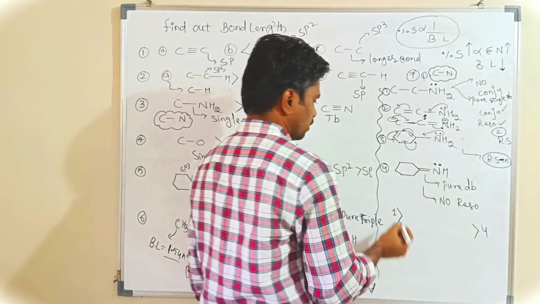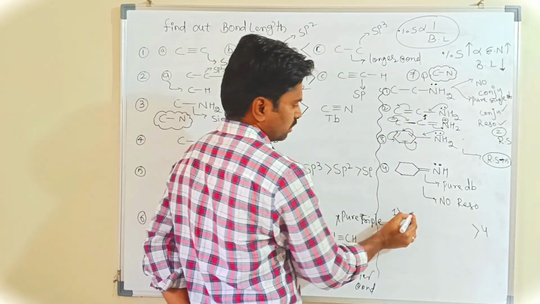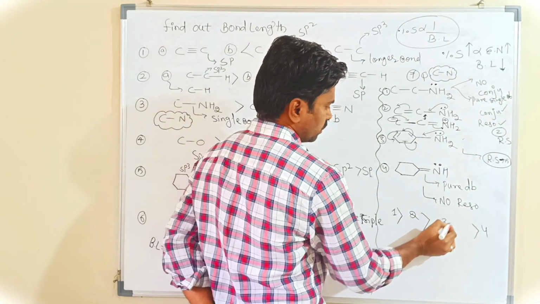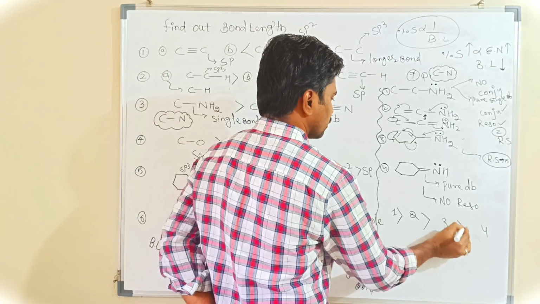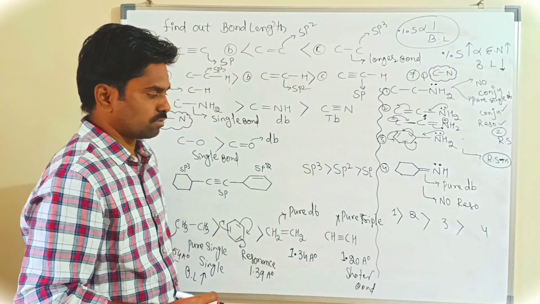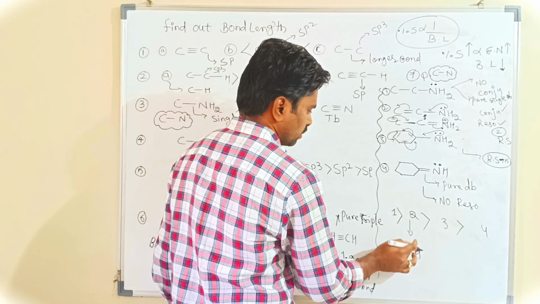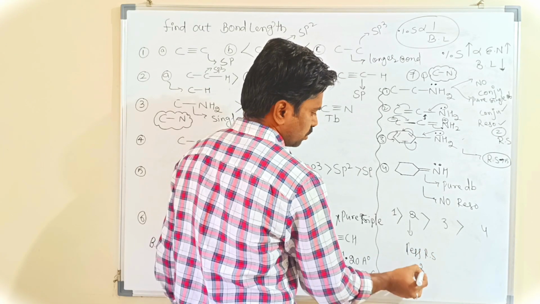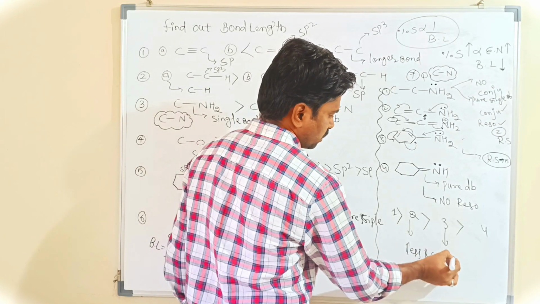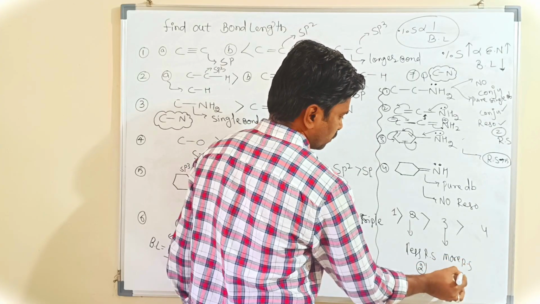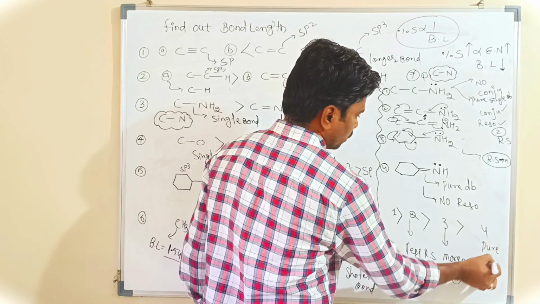That's why the first one is first, then I come to the second one and then the third one, due to the number of resonating structures being 5. Here there are 2 resonating structures, here there are more, 5, and here is a pure double bond.